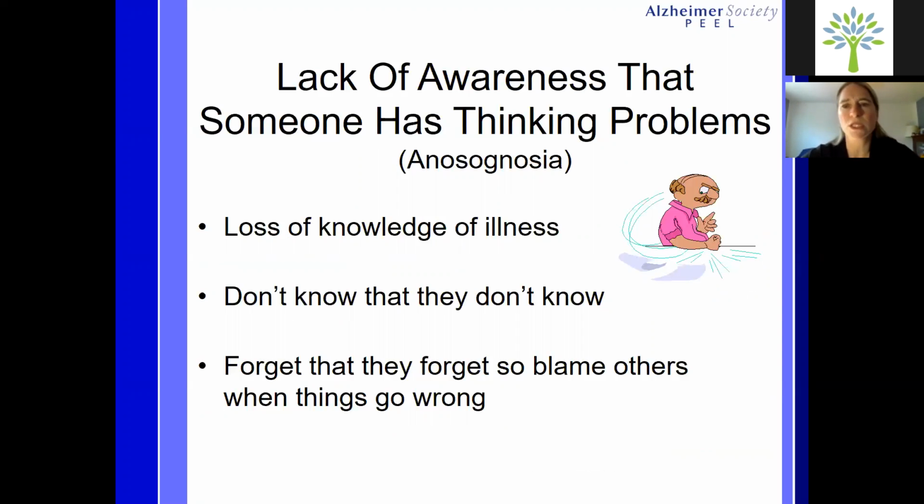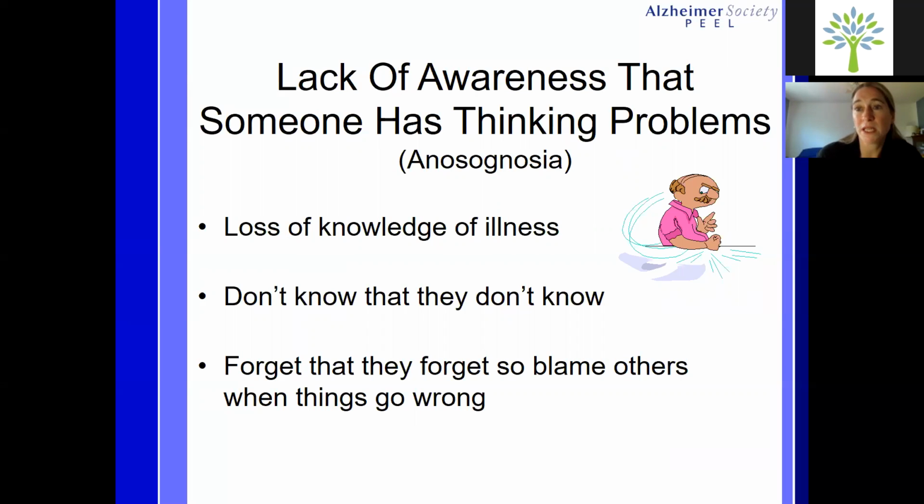You'll hear us use this quote often. The person doesn't know that they have dementia. They don't know that they're forgetting. They aren't intentionally trying to be difficult, but they simply don't know that they have a thinking problem or a problem with their memory. And because they forget, and they forget that they forget, they blame others when things go wrong. A good example of that is maybe losing an item.